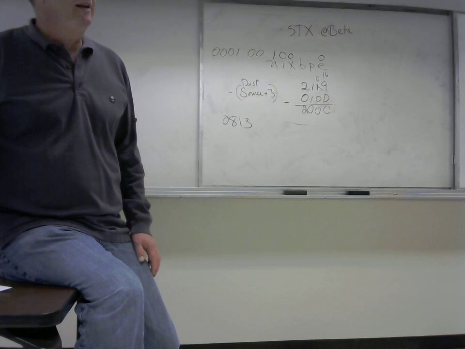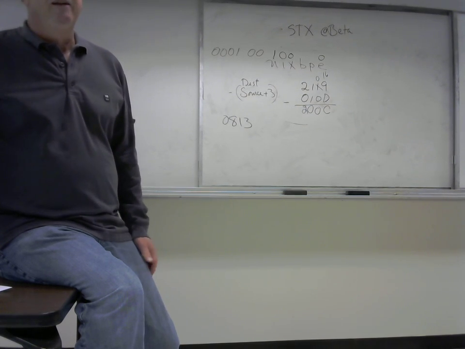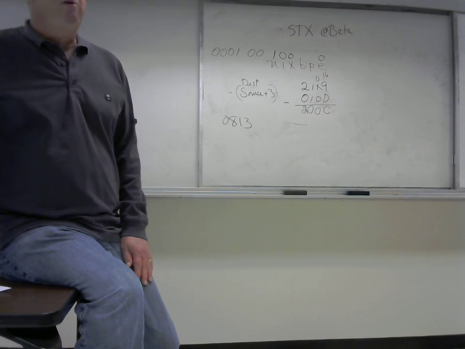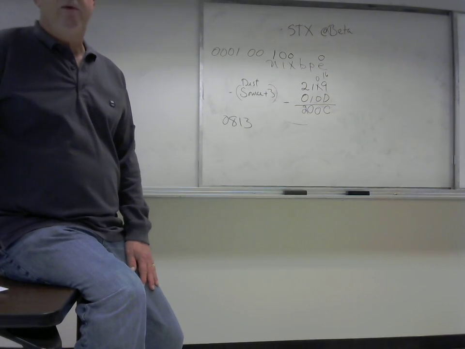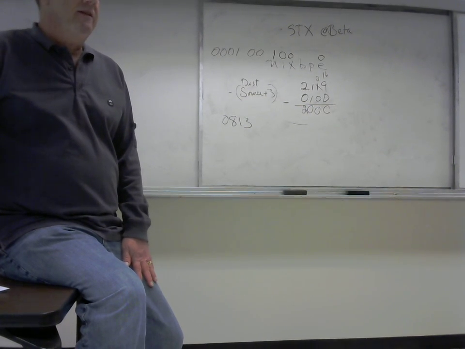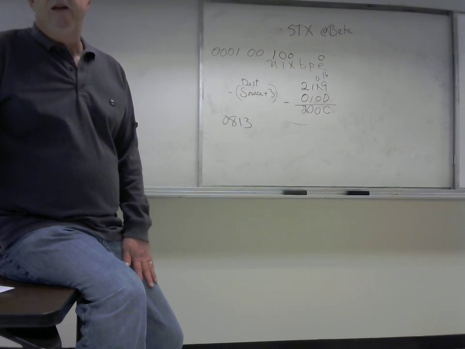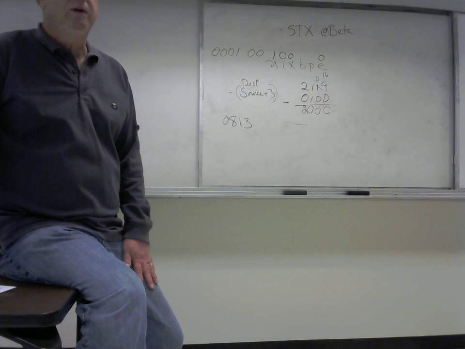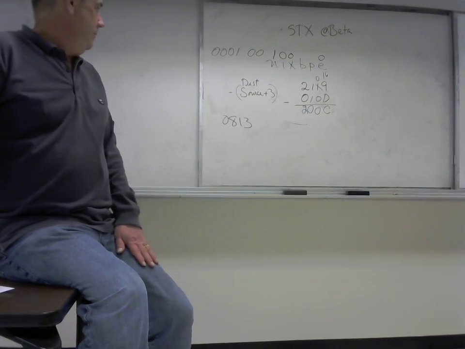How do you know it's negative? It starts with a 1. Well, first of all, you only have 3 digits, you got 813. And PC relative is 2's complement. The range of numbers that are positive are 0 up to 7FF. That's the largest forward displacement you can have. And 813 is too big.